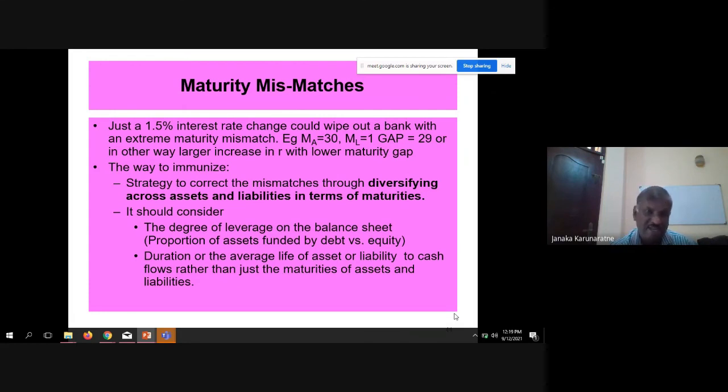But take the other way. Interest rate rise is small, just 1.5%, but the gap is 29 years. MA equals 30, ML equals 1. Even that could wipe off the bank's capital. So it works both ways.